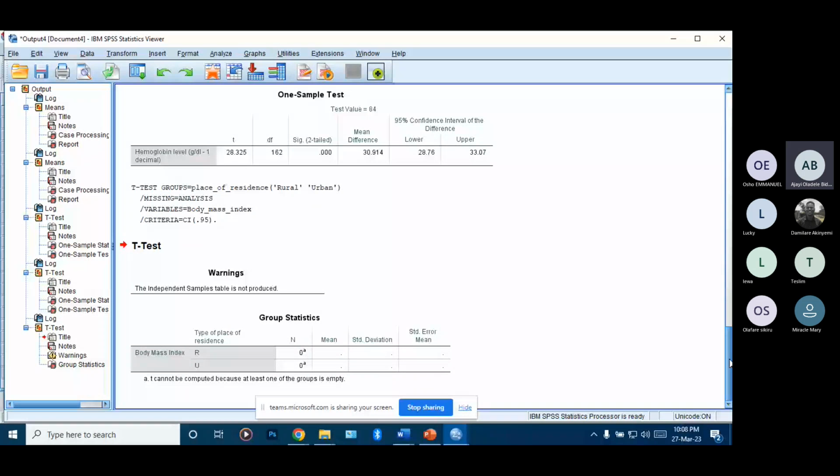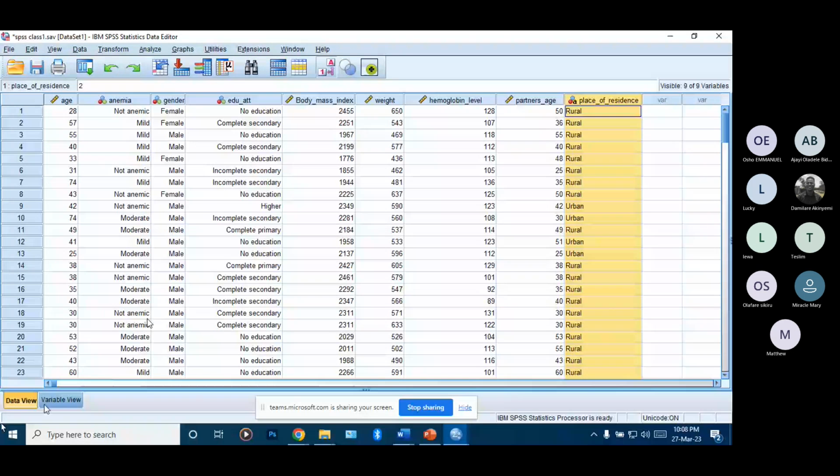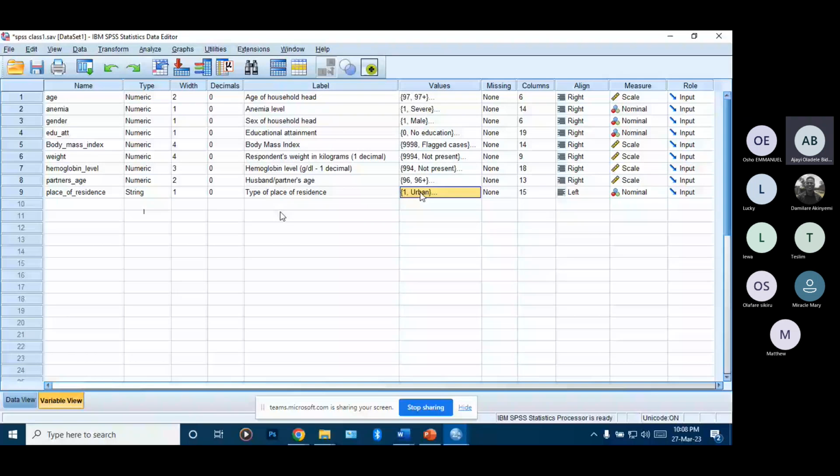I deliberately allowed this mistake to come up so that we'll be able to watch out whenever we are doing something like this on SPSS. The independent samples table is not produced, and in the original table, nothing was computed. The reason is, if you go back to our variable view, this particular variable is not supposed to be measured as a string.